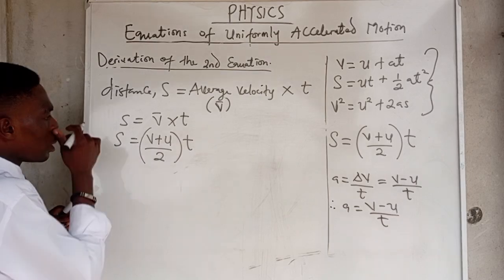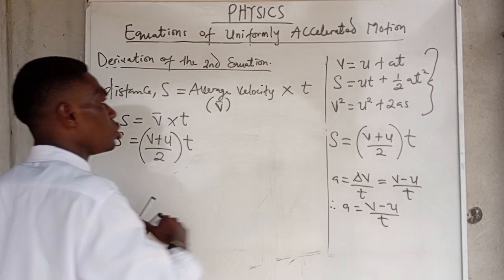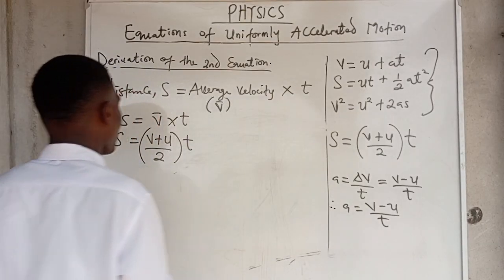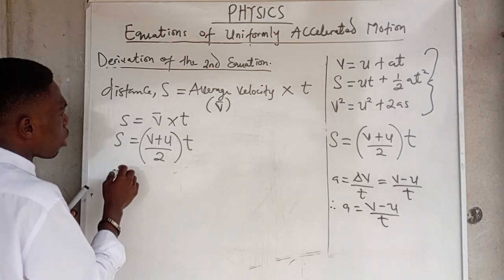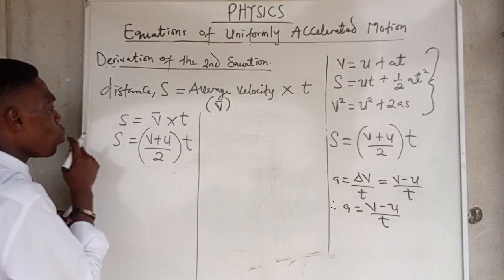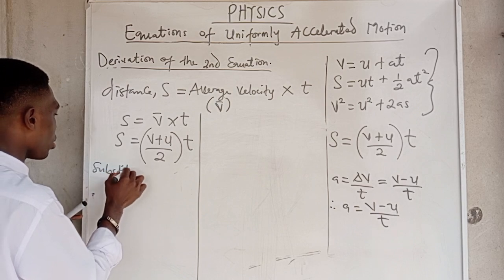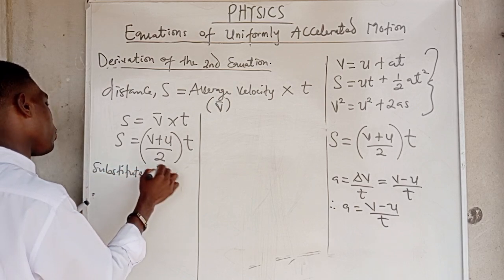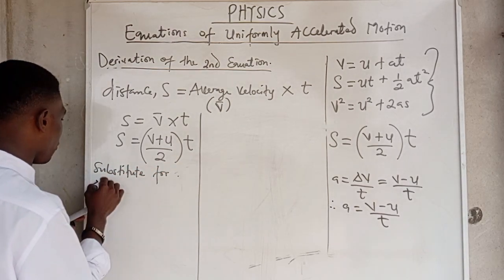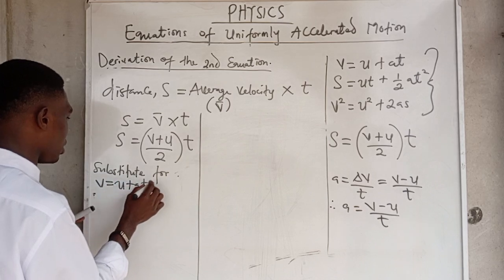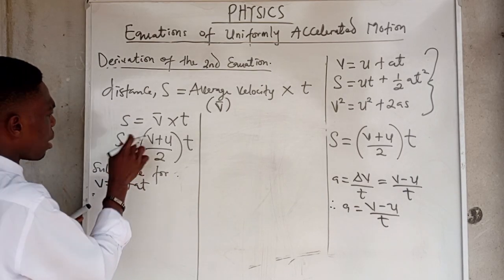Are we following now? What I now want to do is to get this formula, so we are going to substitute for V, where V is equal to U plus AT. Wherever I see V, I'm going to put U plus AT.